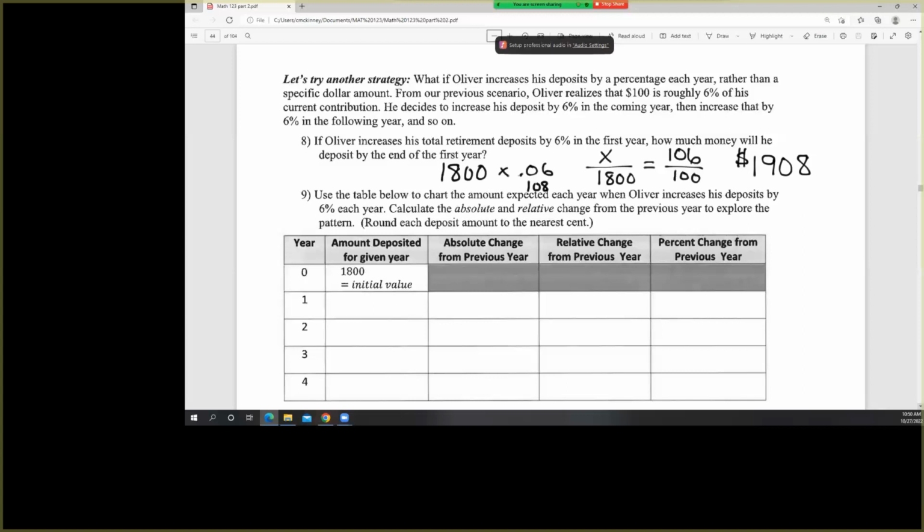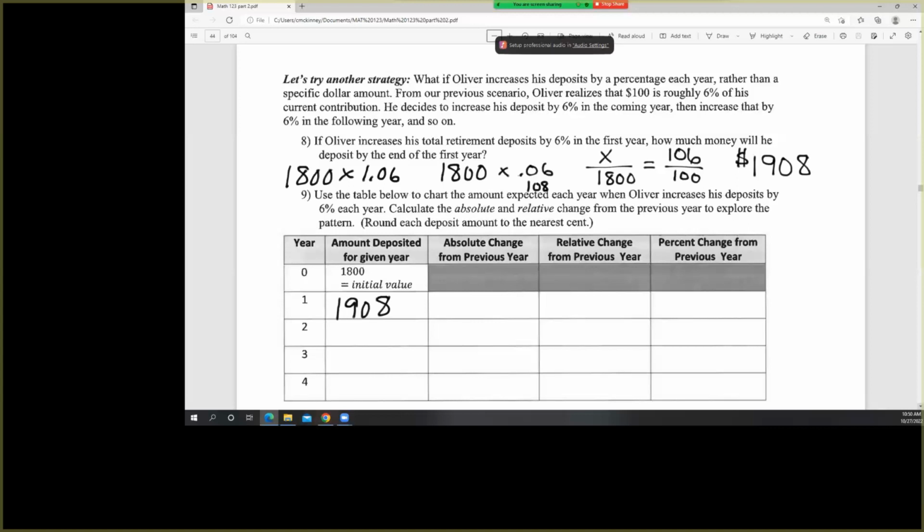You could also just multiply it, and you'd need to put 1.06. If I just want to multiply, yes, you're exactly right. I could do 1.06 and I wouldn't have an addition step. I could add the 100% instead of adding it on. So that gave us the 1,908.